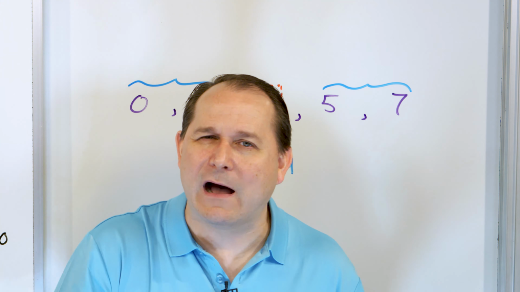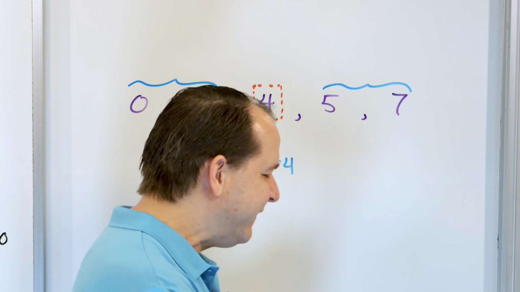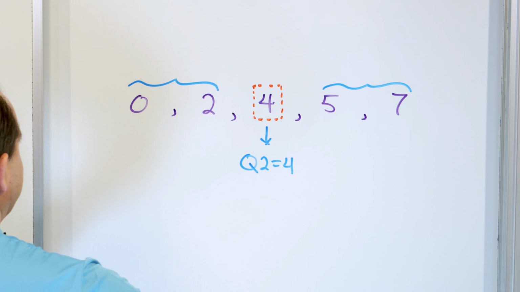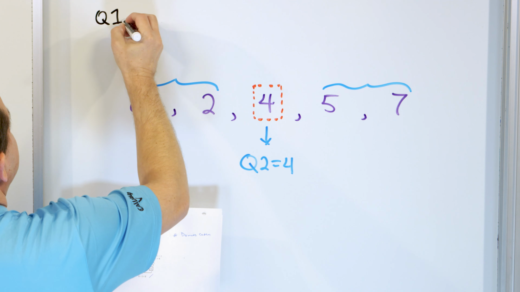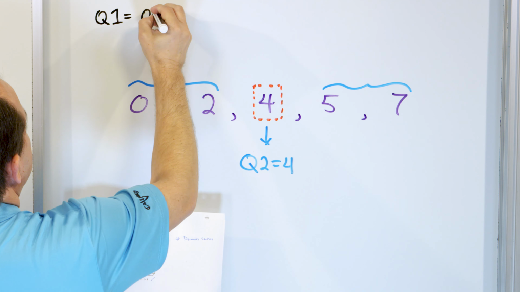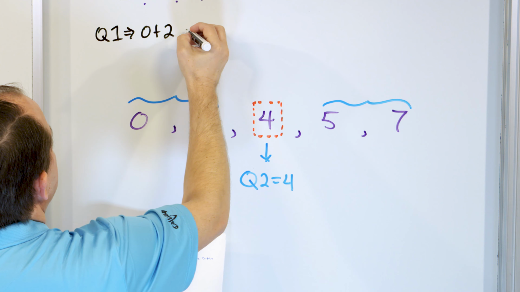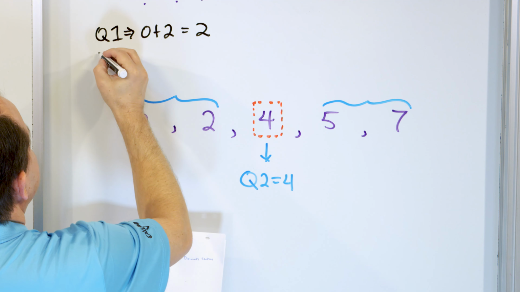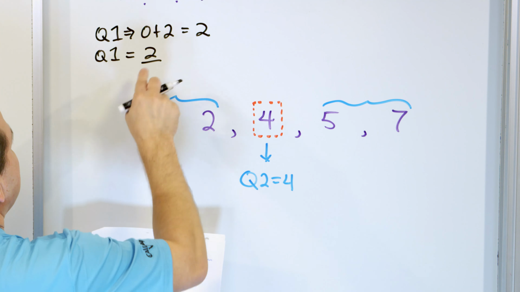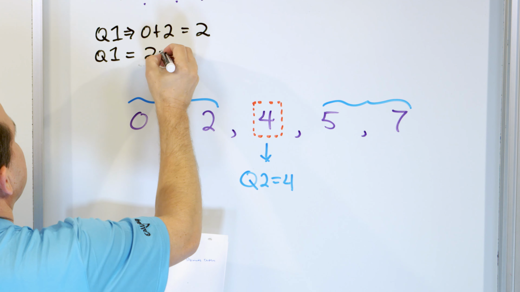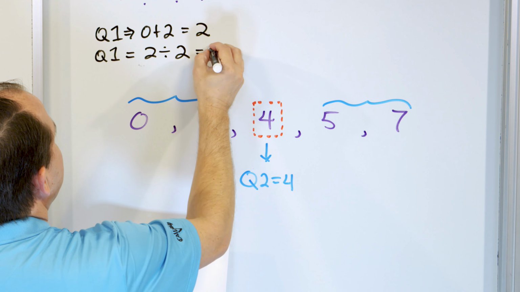So you can figure out what should be in the middle very simply, but the better way is to calculate it, just to make sure you're not making any mistakes. So you go up above here and say Q1 is equal to the average of these, 0 plus 2, which is equal to 2. Then Q1 is equal to 2 divided by 2, because we added them up and got 2, then divided by 2 and got 1.